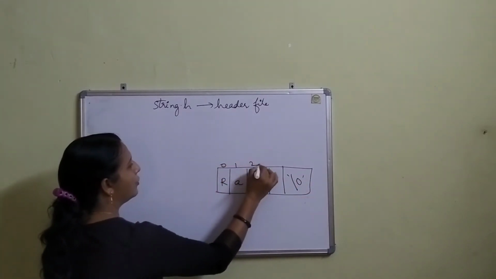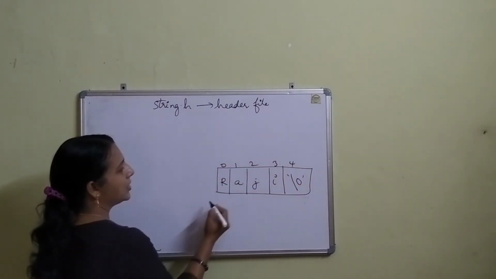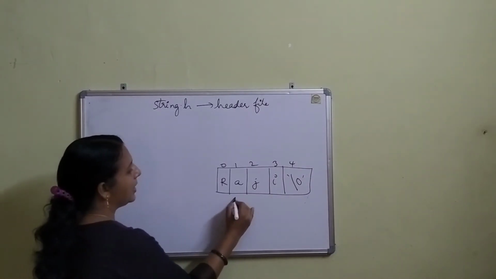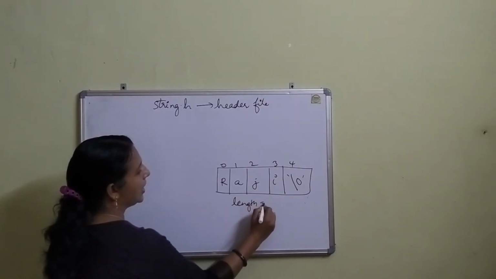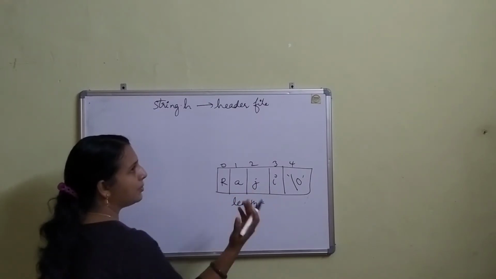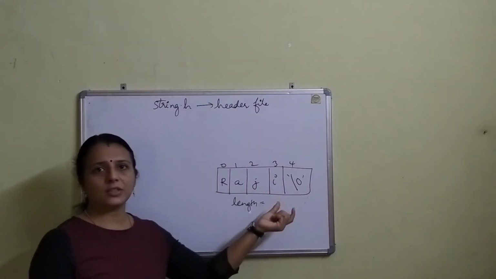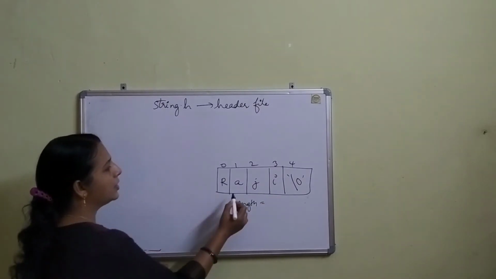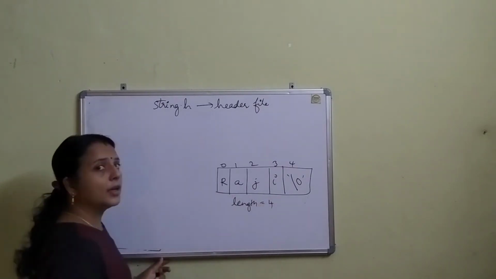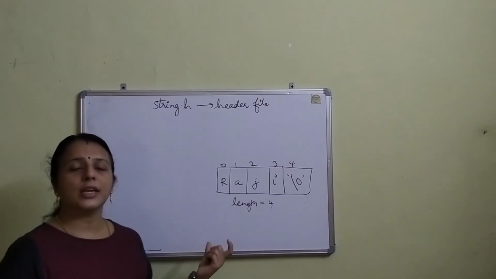Now you want to find the size of this string. So what will be the length? The length is 1, 2, 3, 4. Length means you have to find the number of characters present in that string. So the length of this string is 4. So the answer that you have to get is 4.